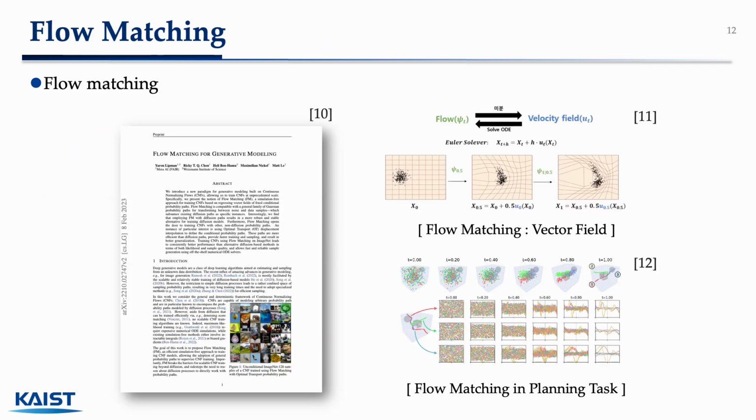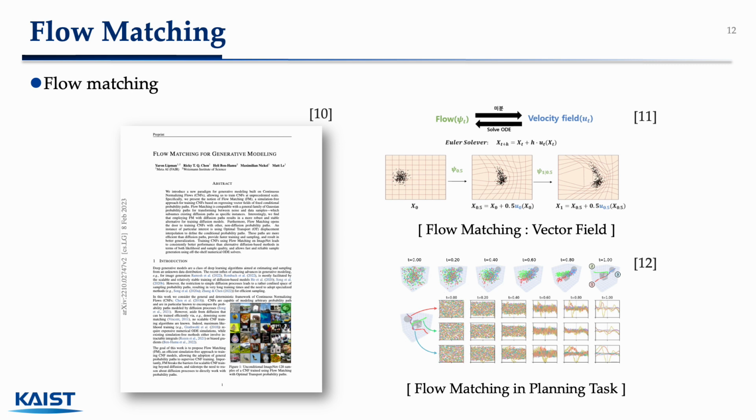Next, I will introduce flow matching, another probabilistic generative model that has recently been gaining a lot of attention. Unlike diffusion models that progressively denoise random noise into samples, flow matching directly learns a continuous vector field that transports samples from a simple distribution, such as Gaussian, to the target distribution.